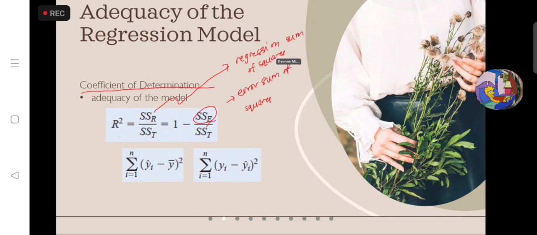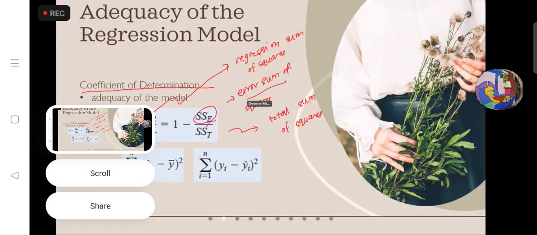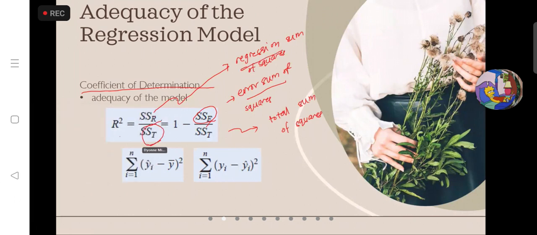And then SST is the total sum of squares. So again, SSE, error sum of squares, SSR is the regression sum of squares, and SST is the total sum of squares.